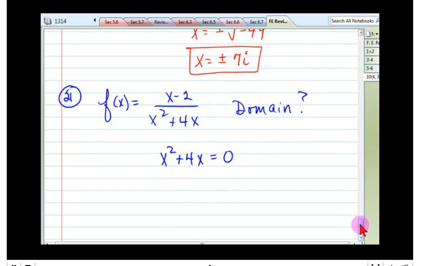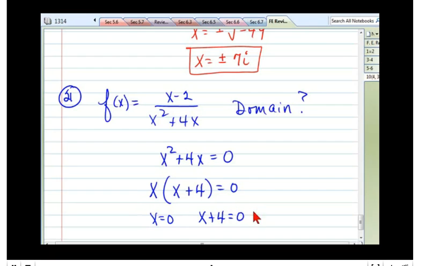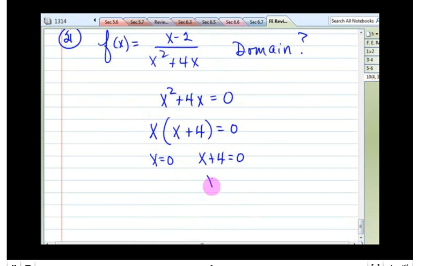And that's going to tell you your restrictions. And don't forget, when we look at this, we can factor what's common in both these pieces. x. So if I take x out, x is left and a 4 is left. There's actually 2 things here. So don't forget, this could either be x is 0 or x plus 4 is 0. And so we have x is -4.